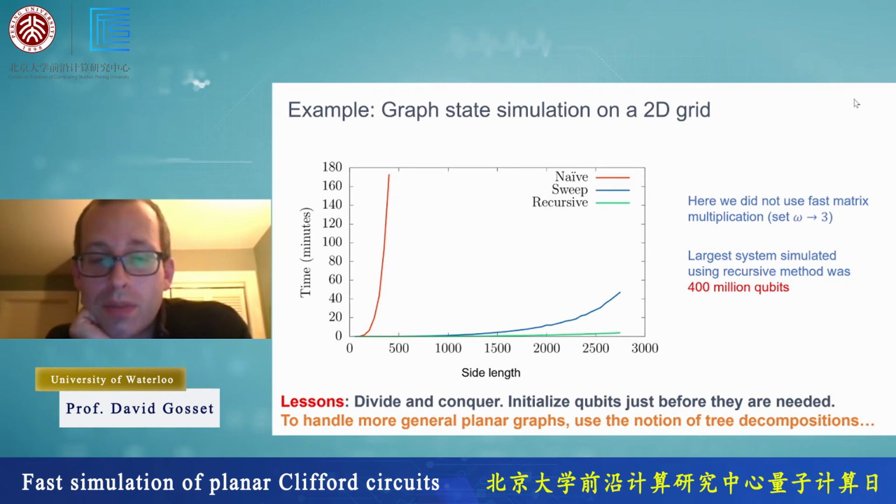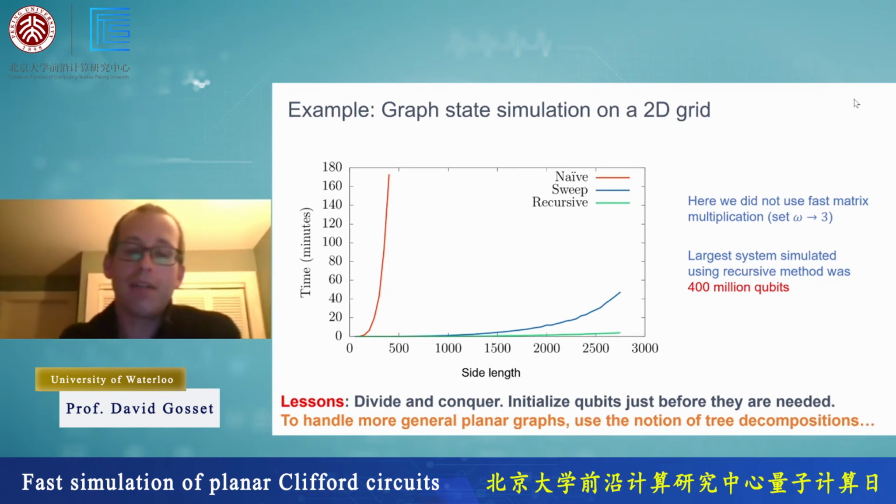And you'll see how that goes. But really the technical tool that allows us to generalize this is the notion of tree decompositions that I mentioned earlier in the talk, and which was also key to this Markov and Shi tensor network simulation method for general circuits.